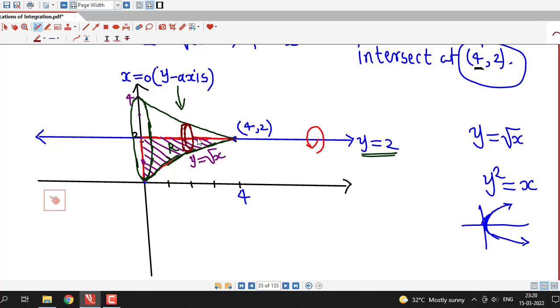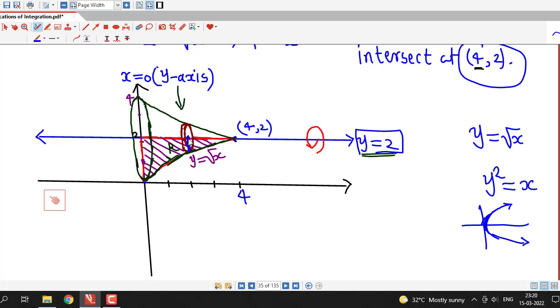So now we have to find out the radius of this circular disc, and we can observe that the center of the circular disc is on the line y equal to 2. So this is going to be the radius. This distance is the radius of the circular disc, which is the cross section of this solid perpendicular to the line y equal to 2.